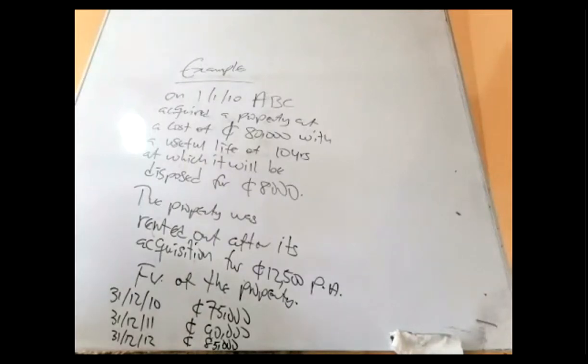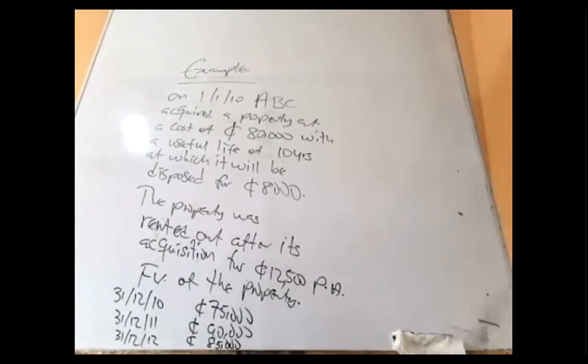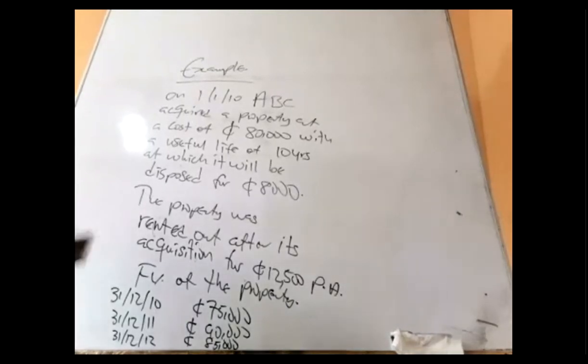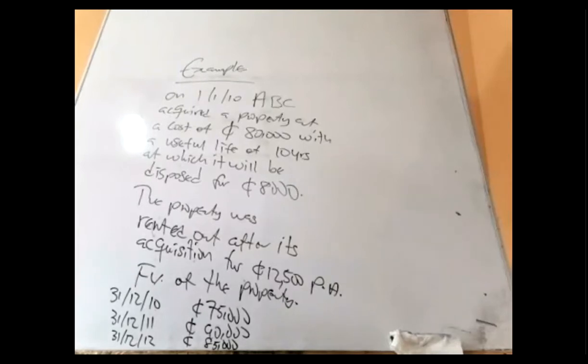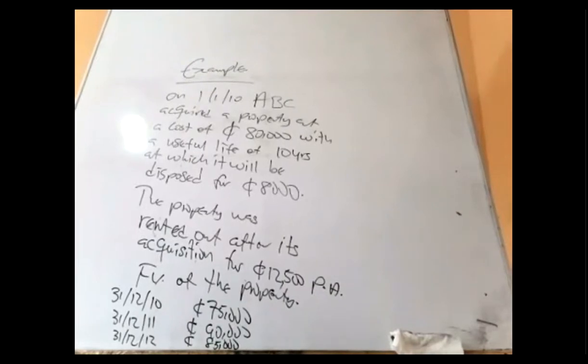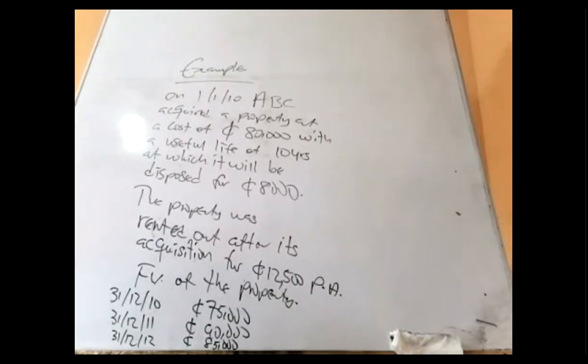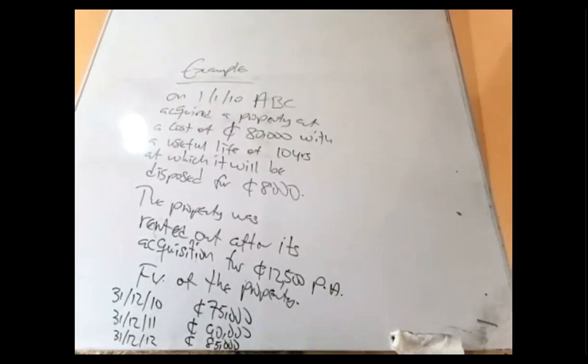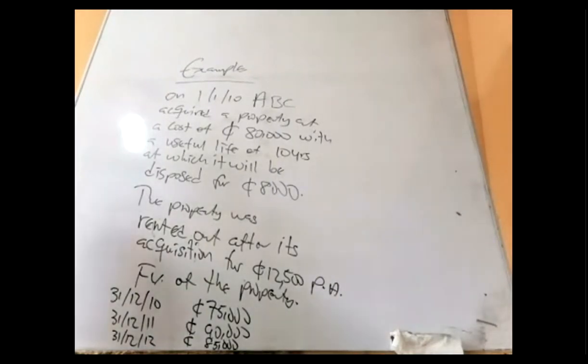Required: account for the above transaction in the books of ABC Limited for the first 3 years, for the year ended 31st December 2010, 2011, 2012, and show the relevant extracts from the financial statements.